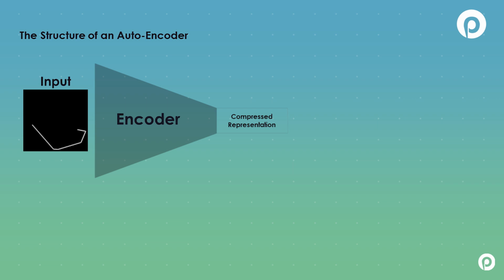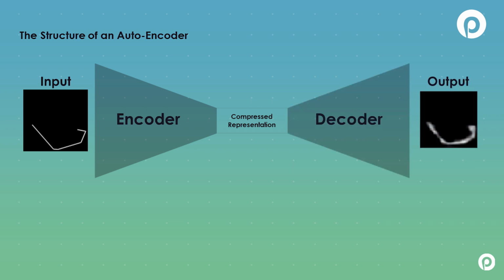So the first part of the reduction is using an autoencoder, which is in 2 parts. The encoder takes the input data and tries to compress it to a lower dimension. And the second part is the decoder, which is basically the reverse and tries to predict the input. As you can see here, the input is relatively similar to the output. So the autoencoder is generally working well, and it tries to learn patterns.